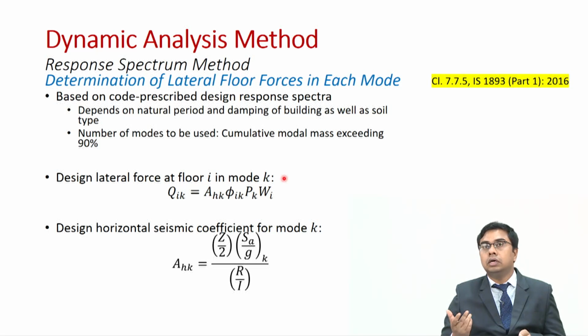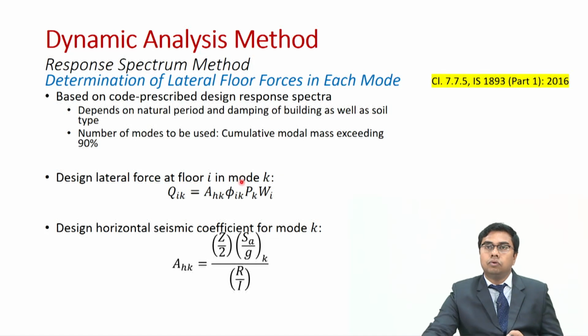Let us say for the second mode we have the modal mass to be 15%. So 82 plus 15 becomes 97, and in that case you can say that considering two modes makes sense. In many cases you will find that considering just one mode makes sense. However, we should be aware of how to calculate it for different modes.